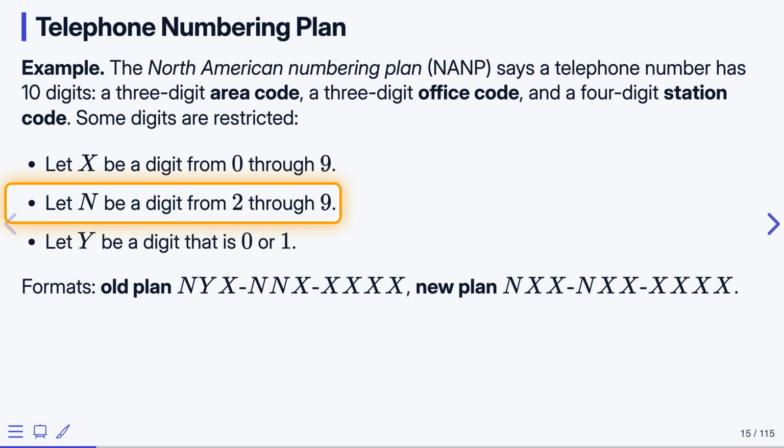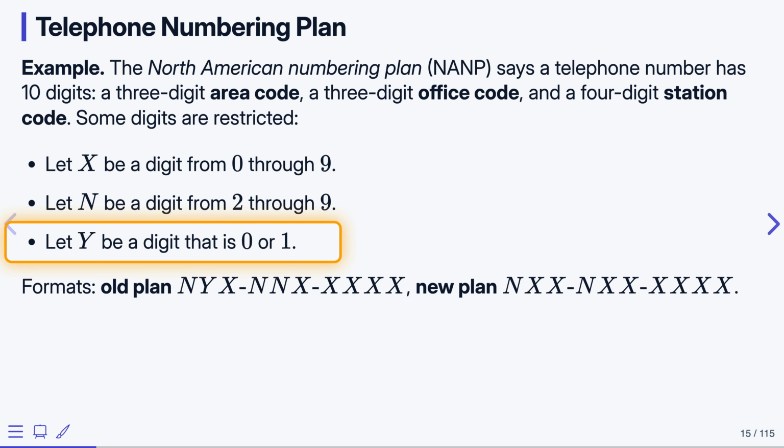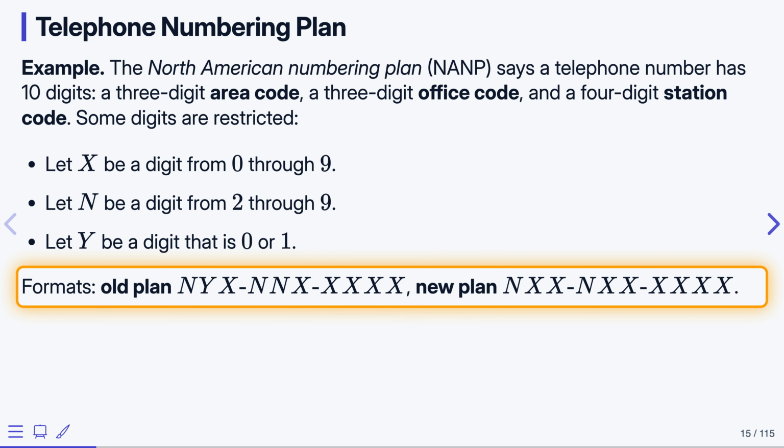Let big N be a digit from 2 through 9, so 8 choices. Let big Y be a digit that is 0 or 1, so 2 choices. In the old plan, the format was NYX, then NNX, then XXXX. In the new plan, the format is NXX, then NXX, then XXXX.